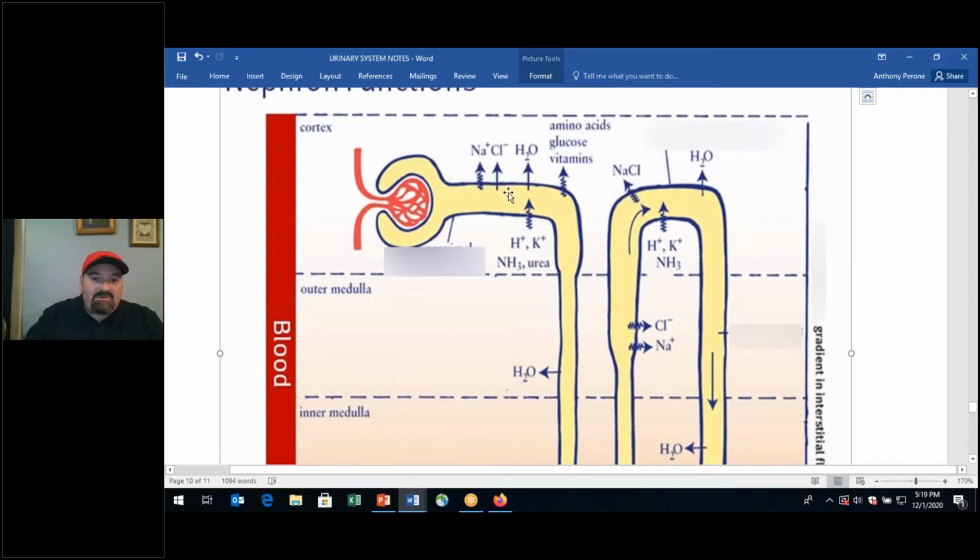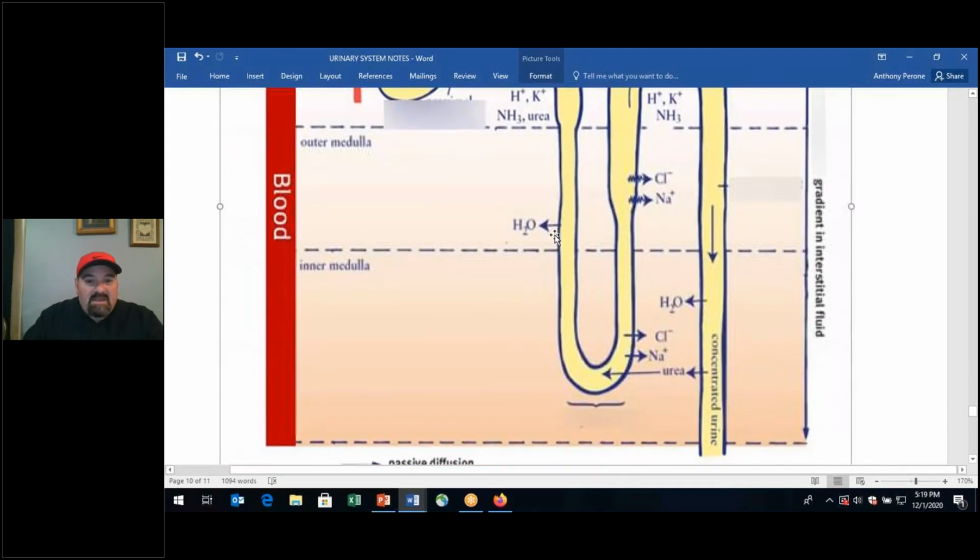I'm not going to give you a hard time regarding what's taking place where, but know that a good deal of reabsorption is taking place at the proximal convoluted tubule, primarily, and then water reabsorption primarily taking place in the descending loop and also in the collecting duct. Okay.